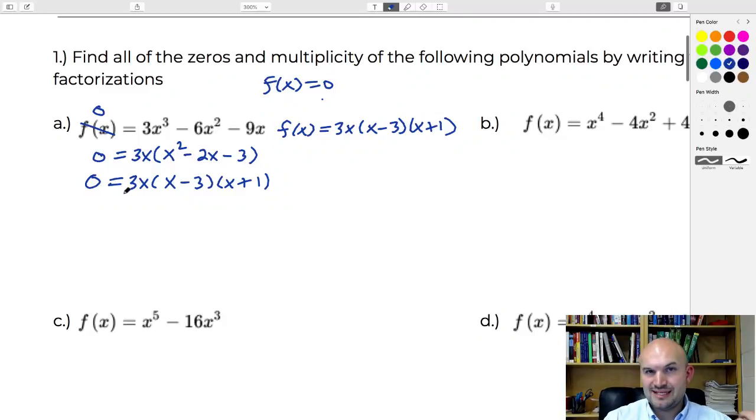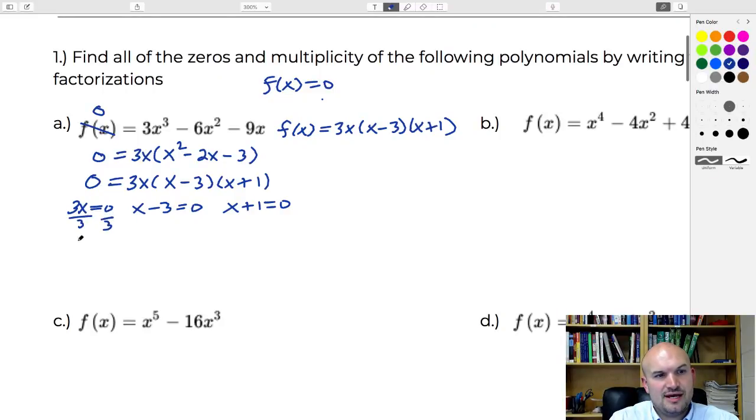From there, we can apply the zero product property. I'm okay if you're not showing the work for the zero product property for all of these, because obviously it takes some time. But for this first one, I'll show how we're getting our answers. We divide by 3, and we have x is equal to 0. Here I add 3, and we get x is equal to 3, and here I subtract 1.